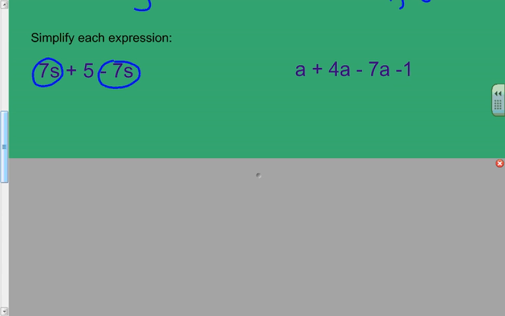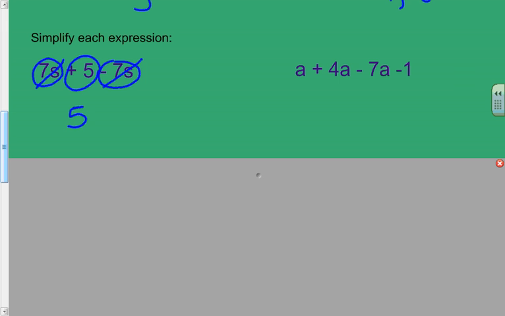Those are like terms. They have the same variable to the same power. And they're also opposites, so they actually cancel each other out. And the only thing we're left with is 5. 7 socks take away 7 socks is 0 socks, and then we're just left with 5. So that's the simplified version of that expression.